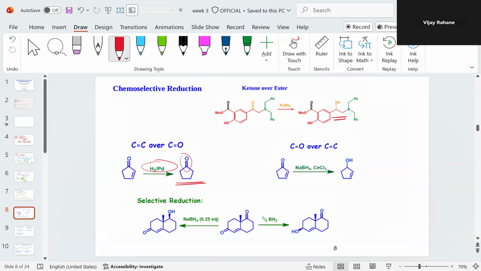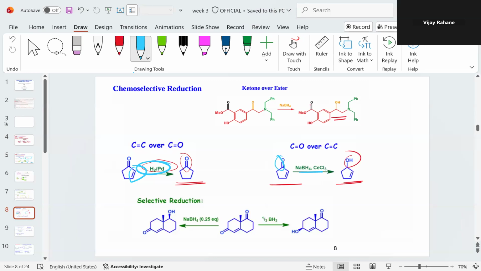It will selectively reduce the carbonyl compound and keep this olefin unaffected. So this is how you can perform the reaction. If you want to selectively reduce the olefin, then use this condition. And if you want to selectively reduce the ketone of the alpha beta unsaturated compound, then you can simply use NaBH4 with CeCl3 salt.